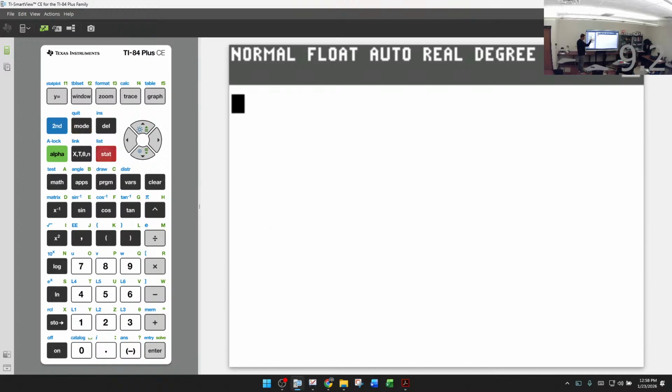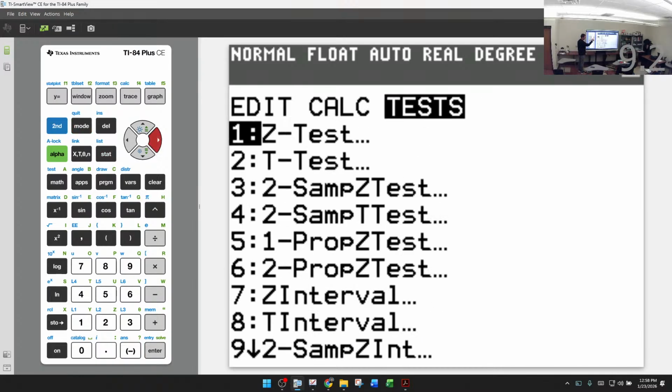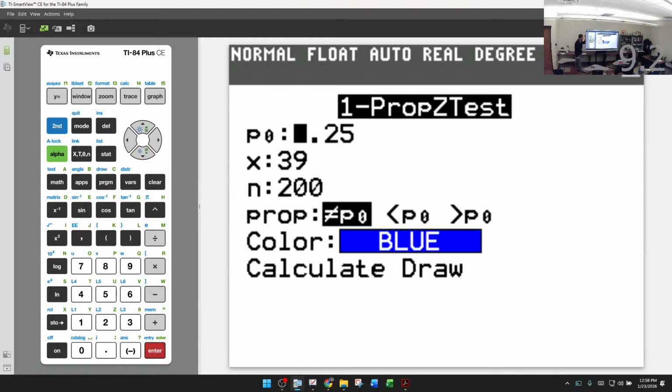Don't do that. Go to stat, go to tests, and find the one prop Z test. You don't have to go down as far because it does all the tests first, then it does the intervals. So one prop Z test, and that's your method. You can put that. I really like 1-sample prop Z test, but that's okay. All right, enter. P sub 0, so that's basically my H0, that's that 0.25.